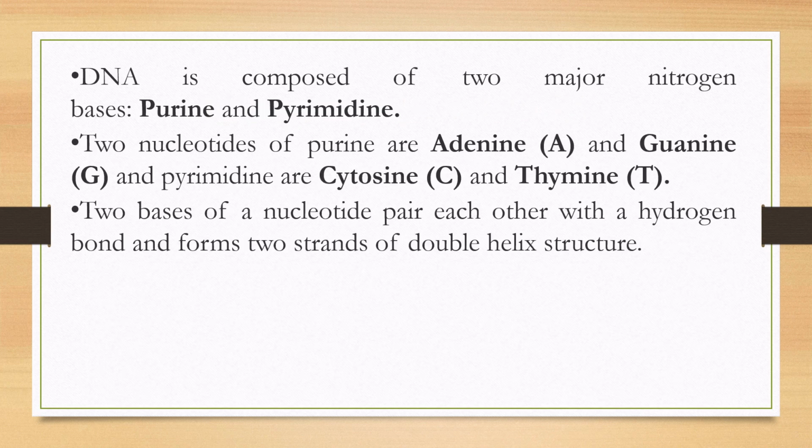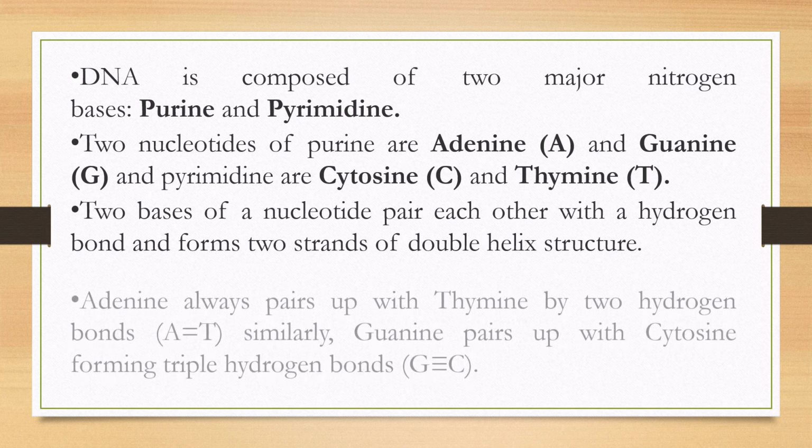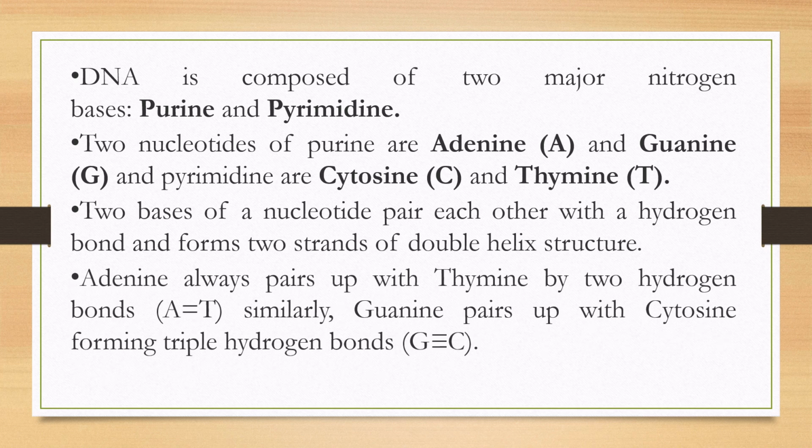Adenine pairs with thymine with two hydrogen bonds, and guanine pairs with cytosine with three hydrogen bonds. So it's a rule that a purine bonds with a pyrimidine and a pyrimidine bonds with a purine. So a base pair basically contains a purine and a pyrimidine.